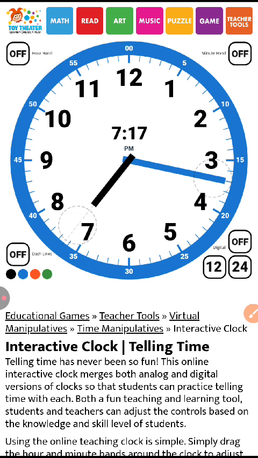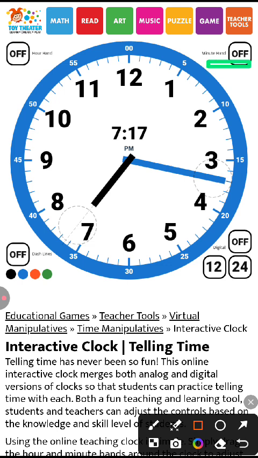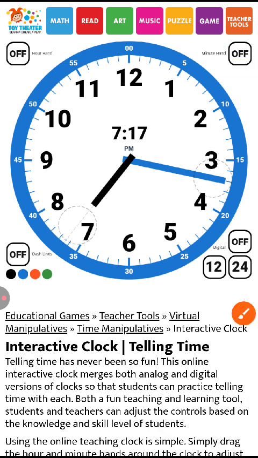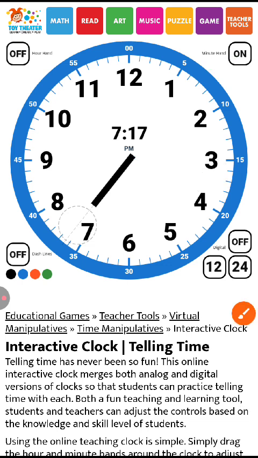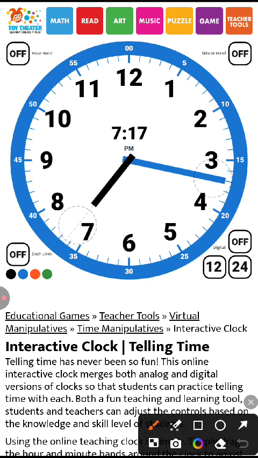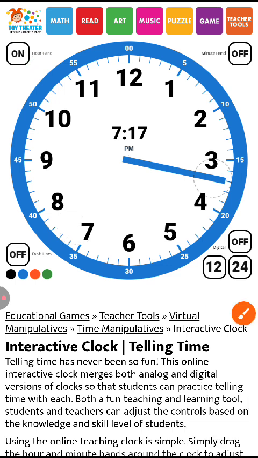Now you will have some options over here, minutes and on off. This will help you to turn the minutes hand on and off here. And the hours hand also, you will have similarly here, so that one also you can turn on and off.